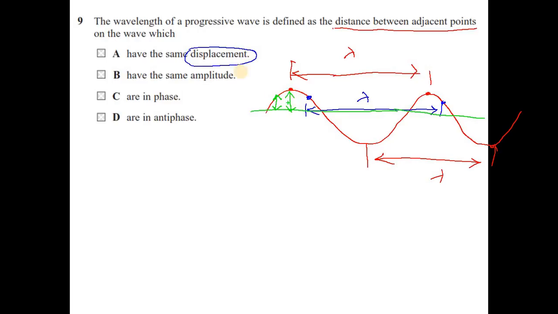So we cannot have option A and B. Antiphase, of course, is when we have two particles like this, and if you take another particle here, these particles would be in antiphase. But the blue points on this wave are in the same phase of motion. So the distance between these two points would be the wavelength. So option is C.